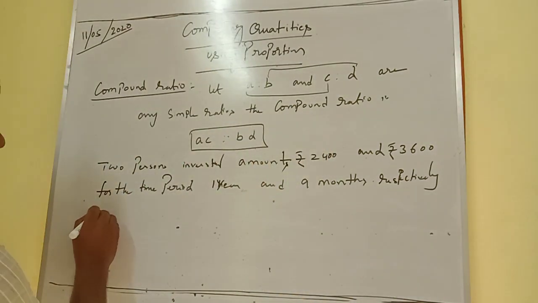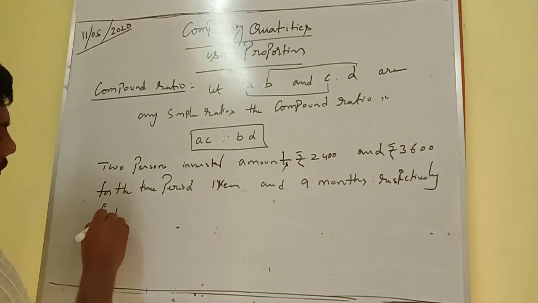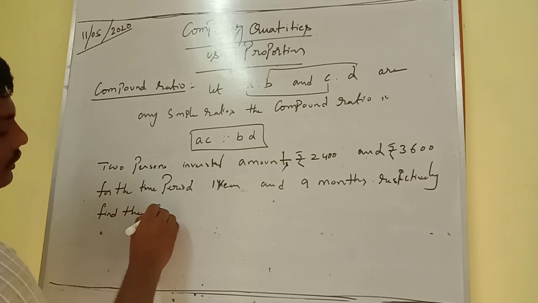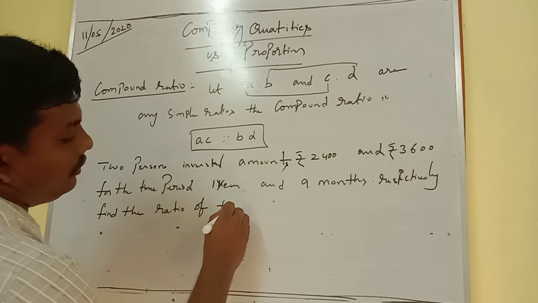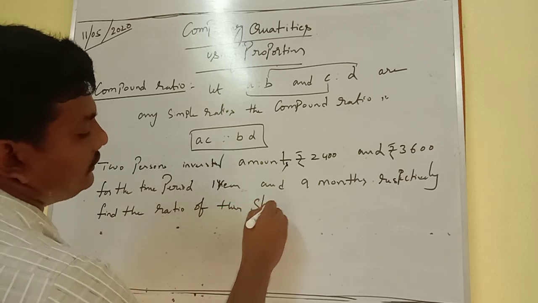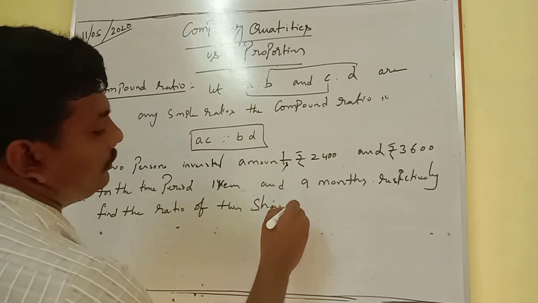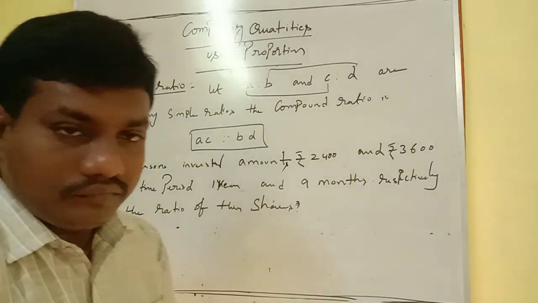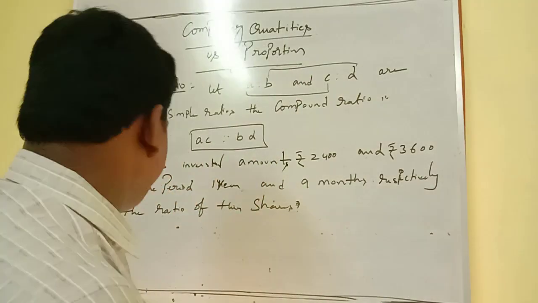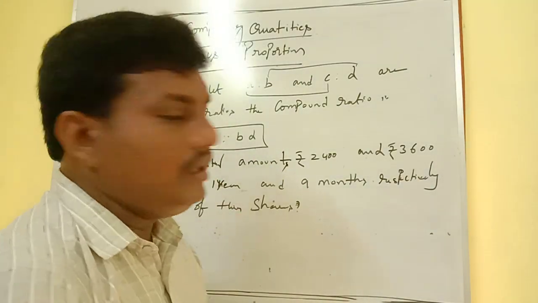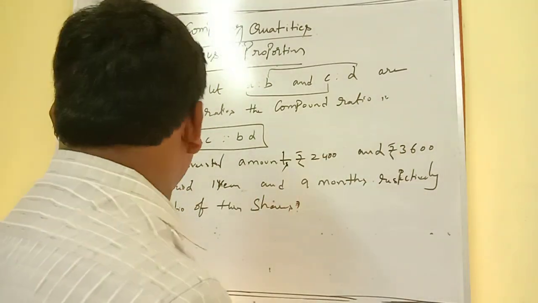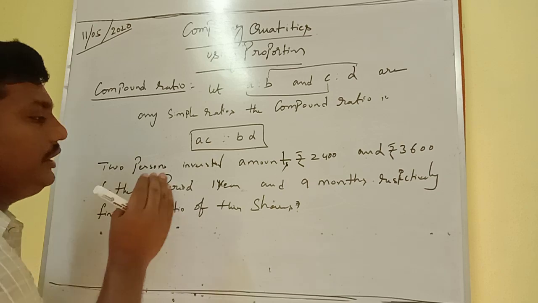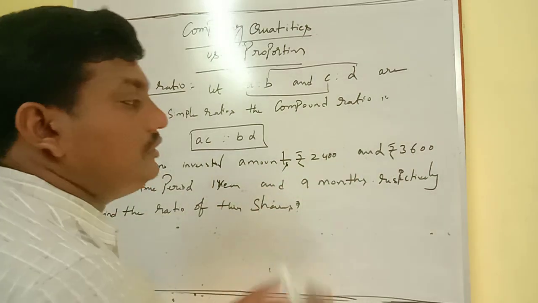This is the question. Two persons are investing 2,400 rupees and 3,600 rupees for the time periods of 1 year and 9 months respectively.